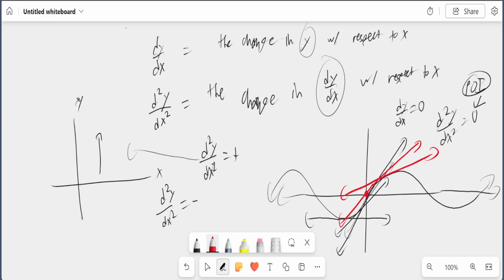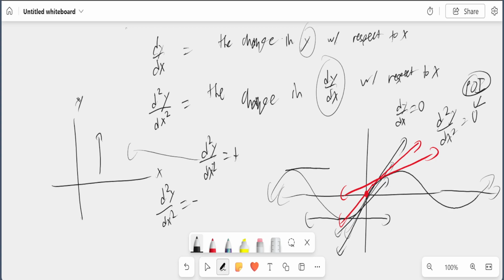It's still moving upward, right? d squared y over dx squared doesn't really have any bearing on whether we're moving upward or downward. It's just about how fast we're moving upward or downward. So now it's slowing down. I want to ask a question to you guys.